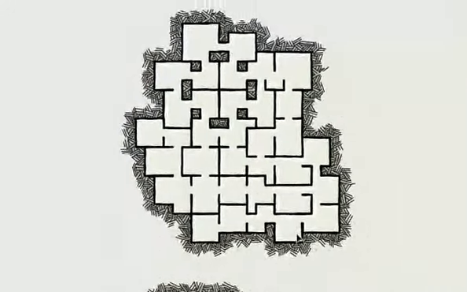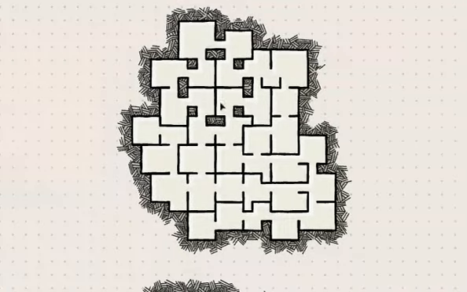Whereas with this one, each one of these right angle pieces, so you come in, this is a straight one, this is a right angle piece, this is a straight one, this is a right angle piece, this is a straight one, straight one, straight one, straight one, this is a 3-pointer, this is an angle piece, straight, straight, straight, straight. So the expansion of these rooms really does change the look of the layout.